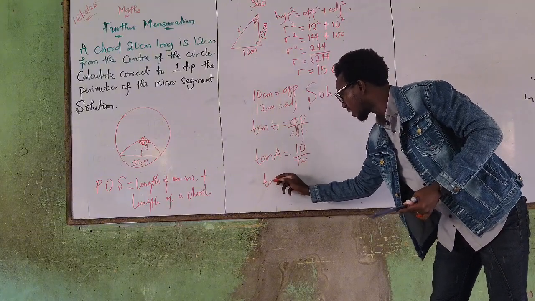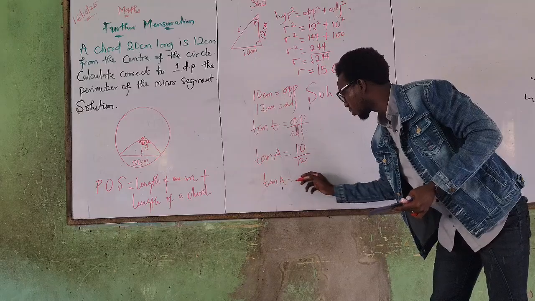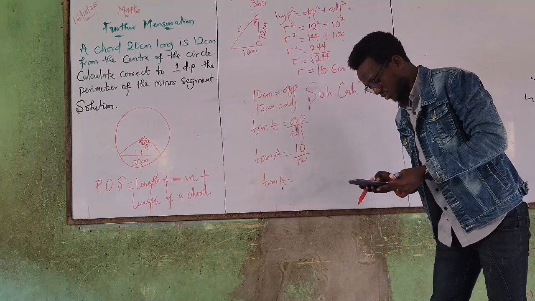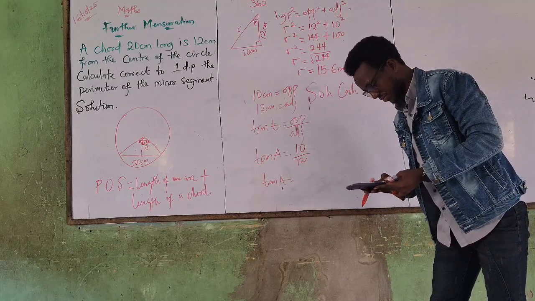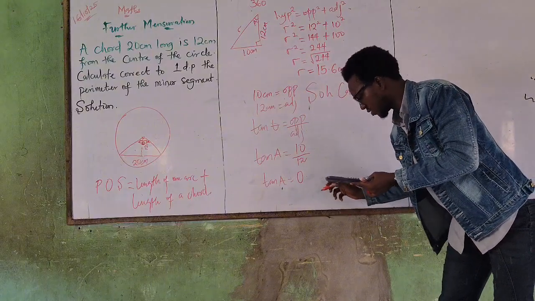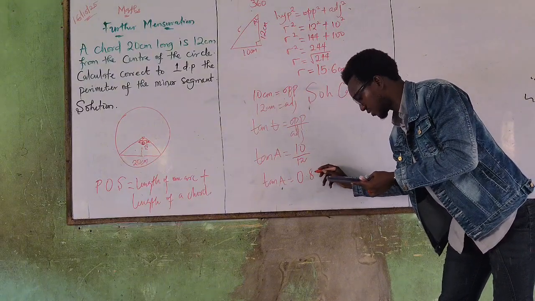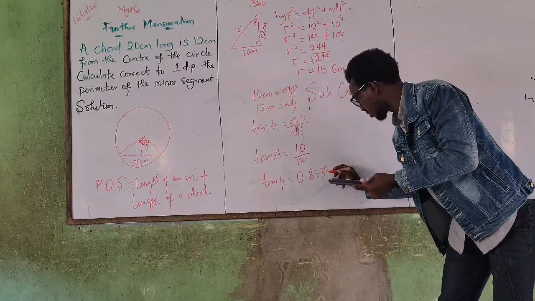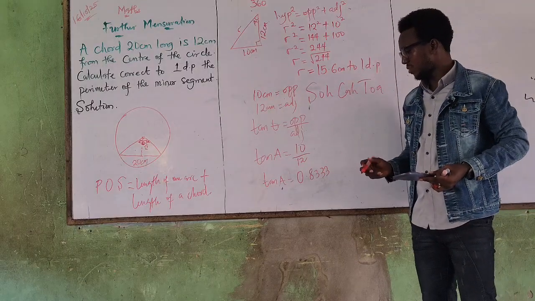That means tan A equals 10 divided by 12. That's going to give us 0.8333. So let's leave it to 4 decimal places.